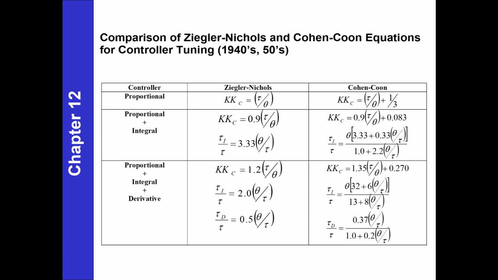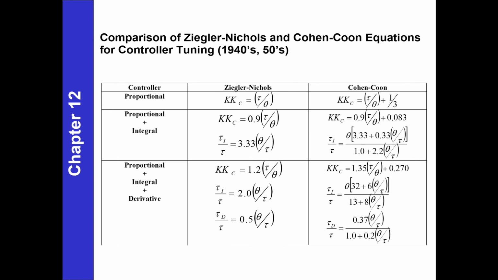This is a comparison of the Ziegler-Nichols and Cohen-Coon equations. It is the same idea, but we have a different set of equations. This is Ziegler-Nichols, this is Cohen-Coon.